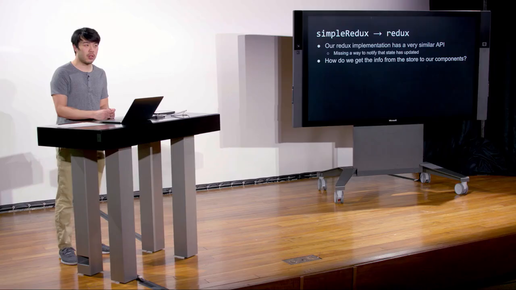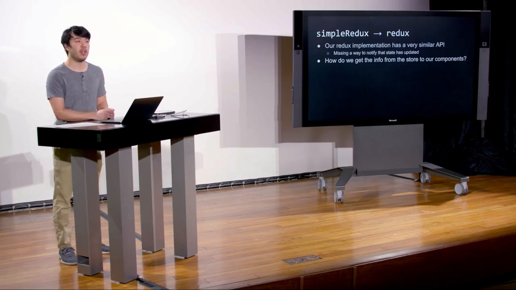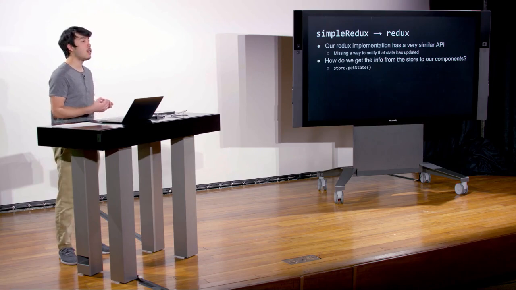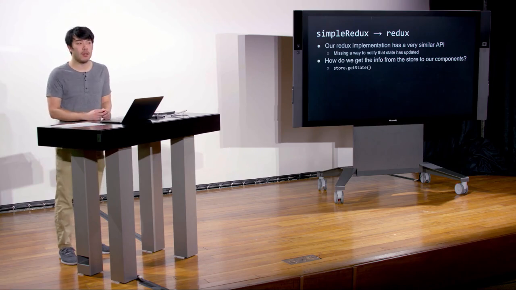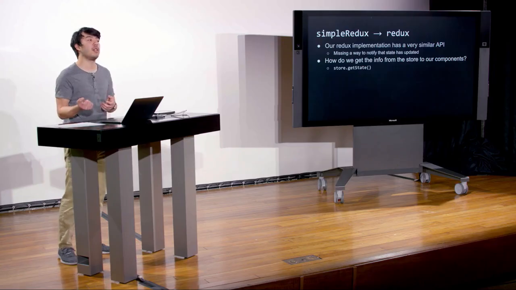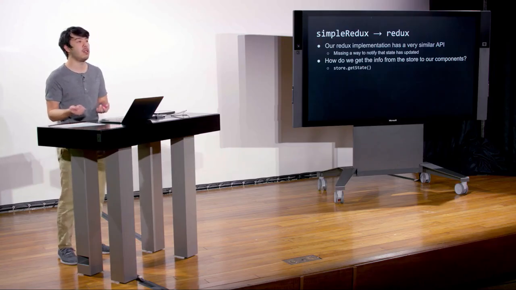Well, it turns out our store has a handy method for getting that info. It's called store.getState. And so in our application, we can access our state from our store directly. So we can do store.getState to receive that. Now let's start integrating Redux into our application. We already have this thing called store.